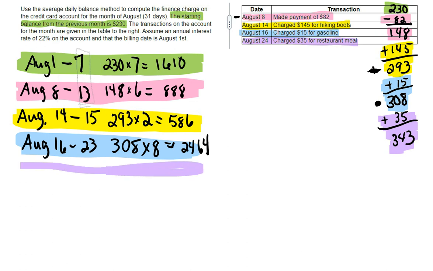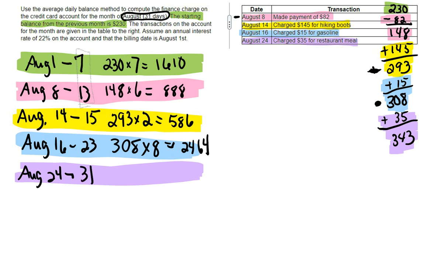Which brings me to the last transaction, which is in purple, and that'll cover the last 8 days of the month, from August 24th until the 31st, since there's 31 days in August. We made a charge of 35, and that brought us to a balance of 343 for the last 8 days of the month, and I am now at 2,744.